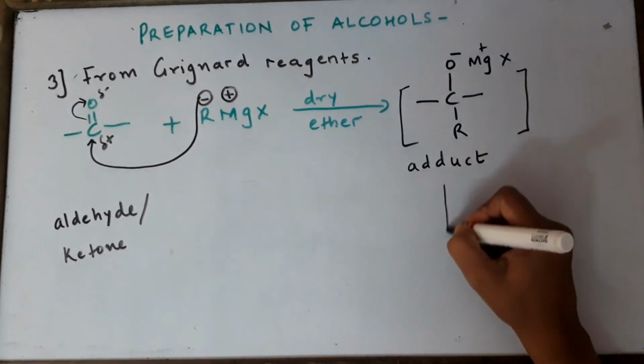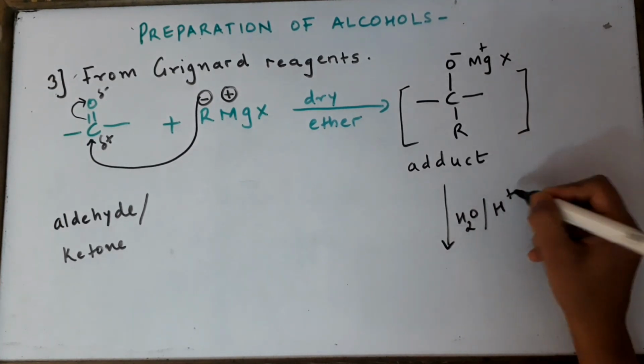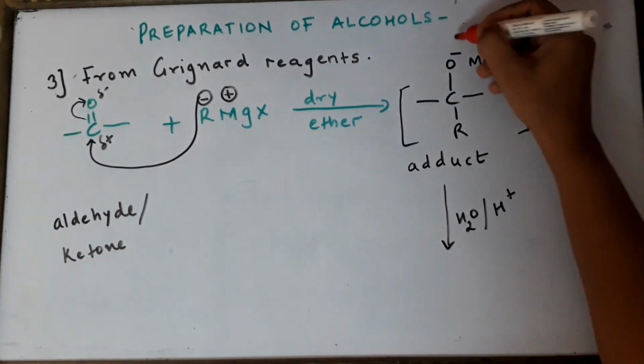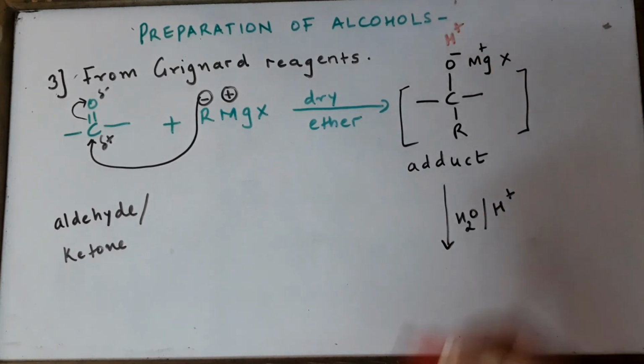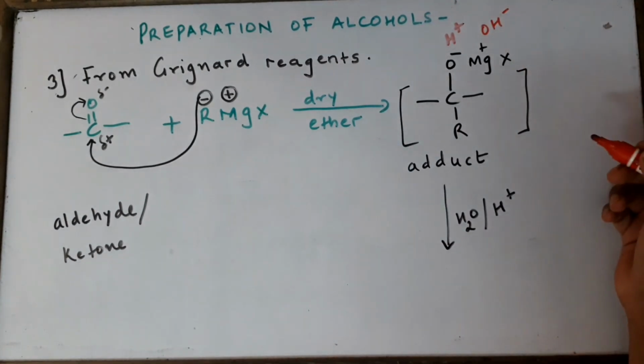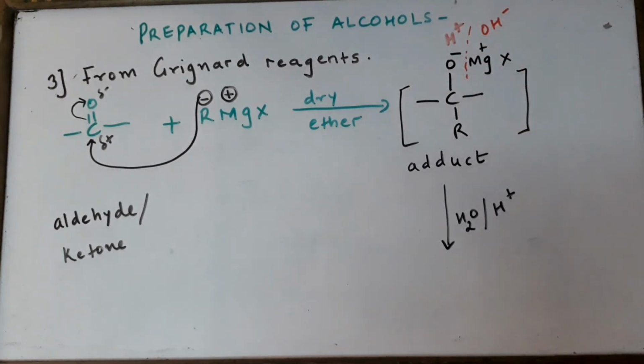Now this adduct will be washed, or simply hydrolyzed, with water in the presence of acid. And when such a hydrolysis takes place, the H plus of water will be going away with the O minus, and the OH of the water will be going away with the Mg plus, and the cleavage of the O-Mg bond takes place.